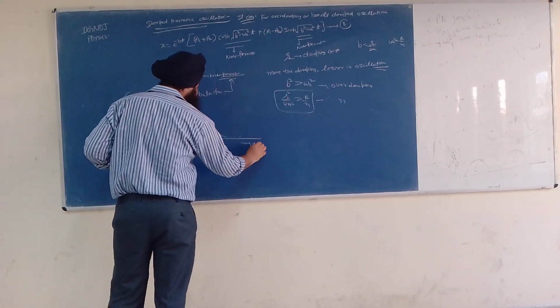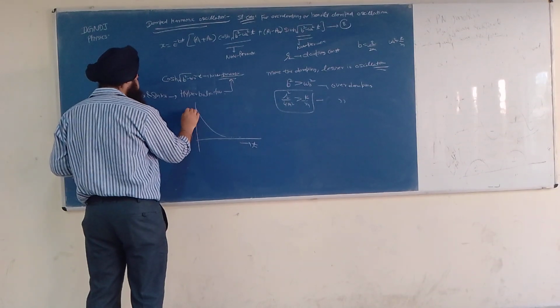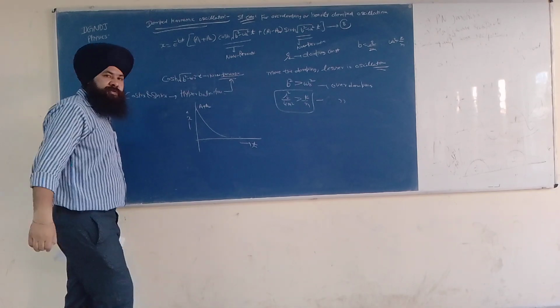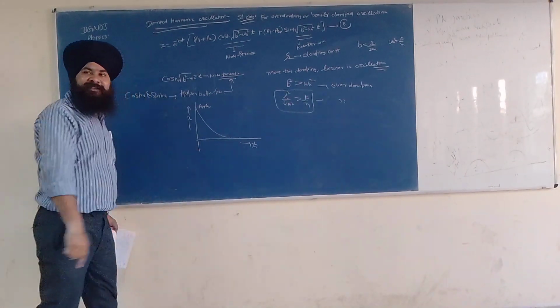So this is the graph, this is t, this is x. This is a1 plus a2. So this is the graph of x versus t.